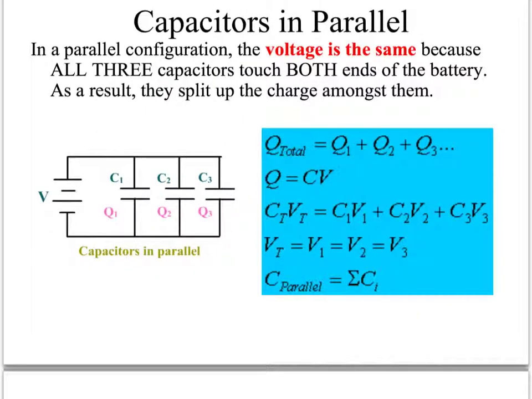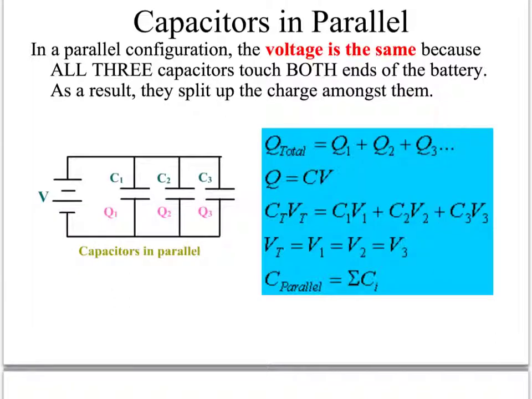Now let's look at capacitors lined up in parallel. In a parallel configuration, the voltage is the same because all three capacitors touch both ends of the battery or the power source. As a result, they split up the charge amongst them. So the total charge would equal the charge in 1 plus the charge in 2 plus the charge in 3.